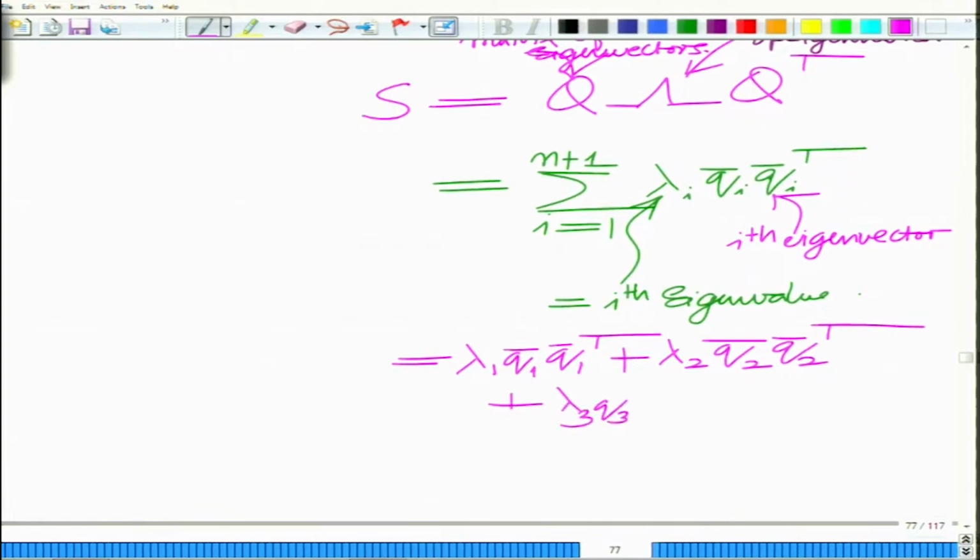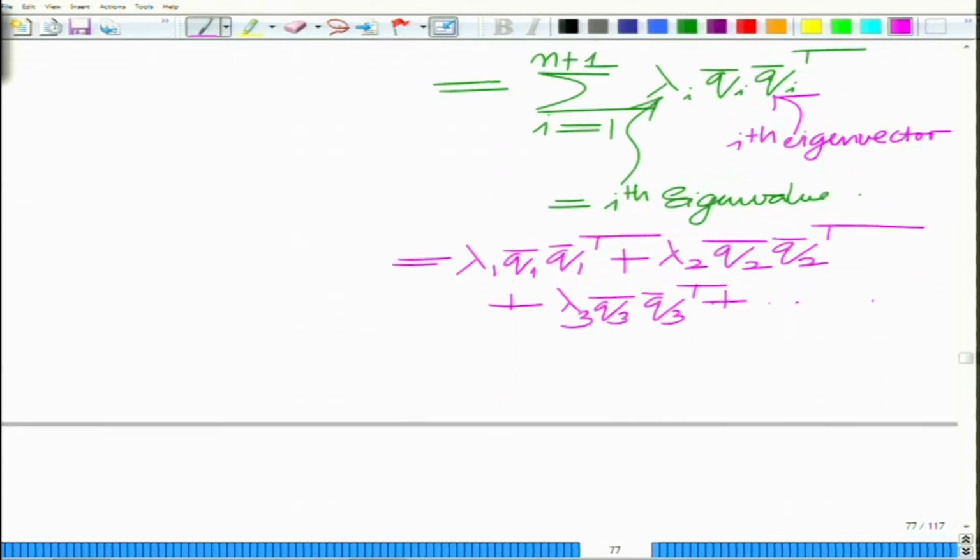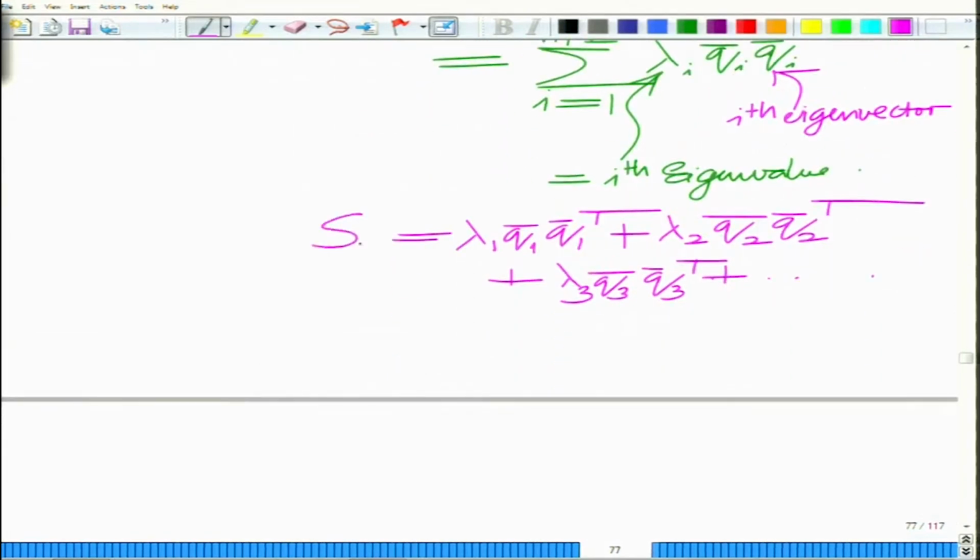Therefore this is simply lambda 1 q1 bar q1 bar transpose plus lambda 2 q2 bar q2 bar transpose plus lambda 3 q3 bar q3 bar transpose. Now, since S is positive semi-definite, note that lambda i's are greater than or equal to 0.